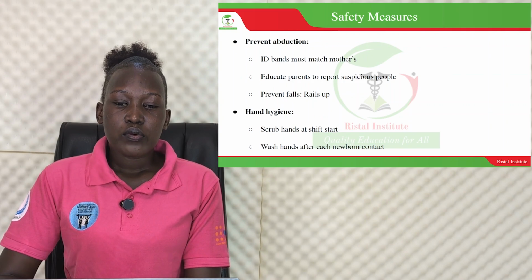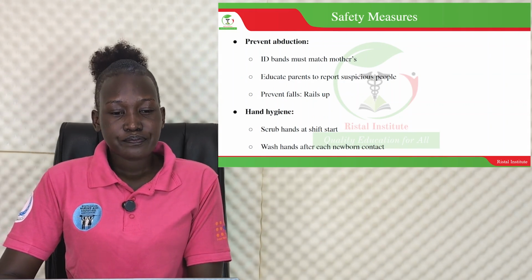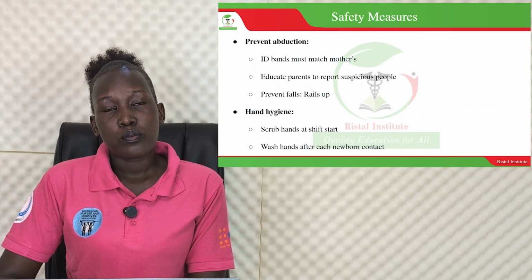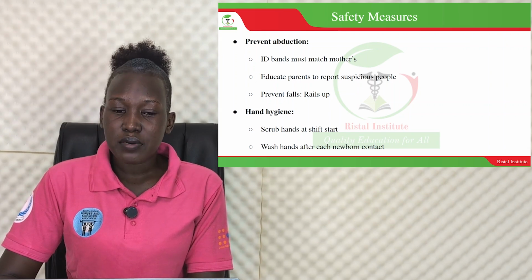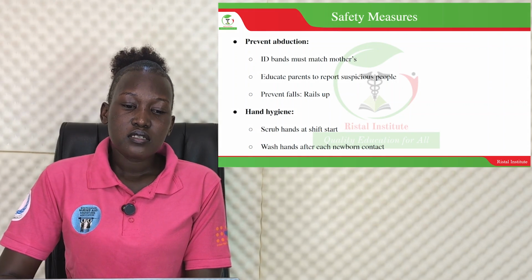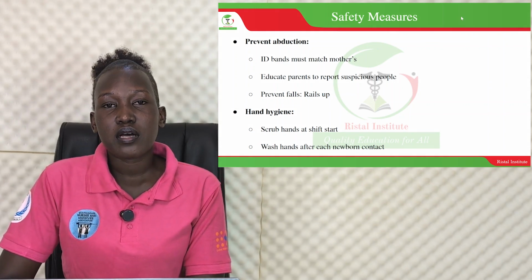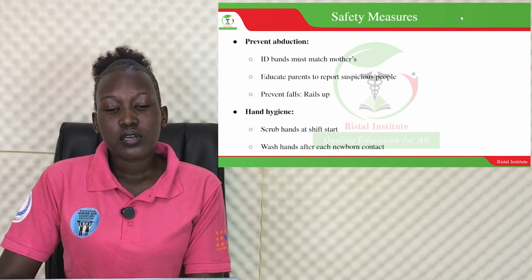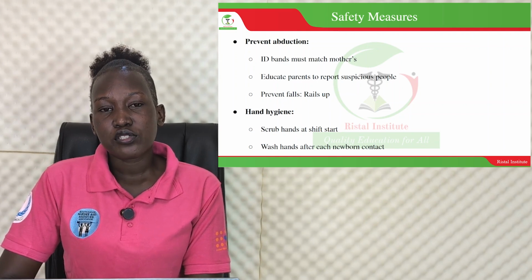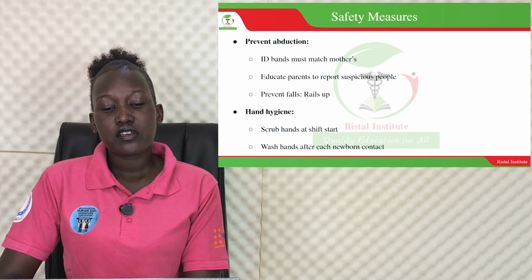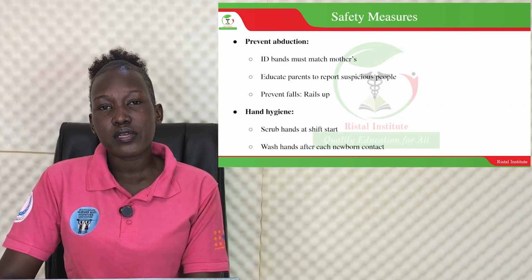So we have safety measures. One of the safety measures is we need to prevent abduction at birth. ID bands must match the mother's ID. Educate parents to report suspicious people, and prevent falls with rail apps.